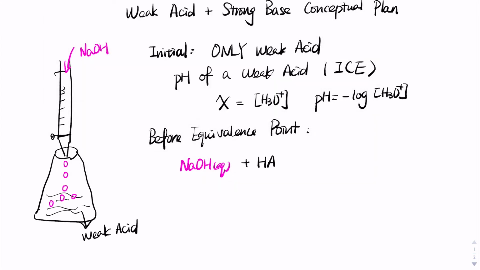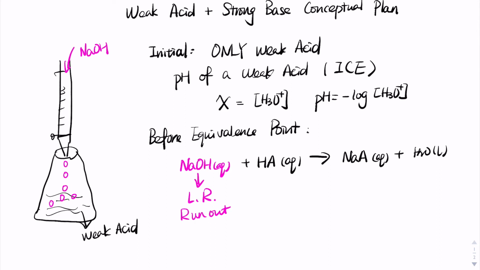I'm going to use HA because we didn't specify what it is. And after the reaction, you're going to have NaA and H2O. So as we said, you only add a small amount, so this sodium hydroxide will be your limiting reagent. That means it's going to run out first.